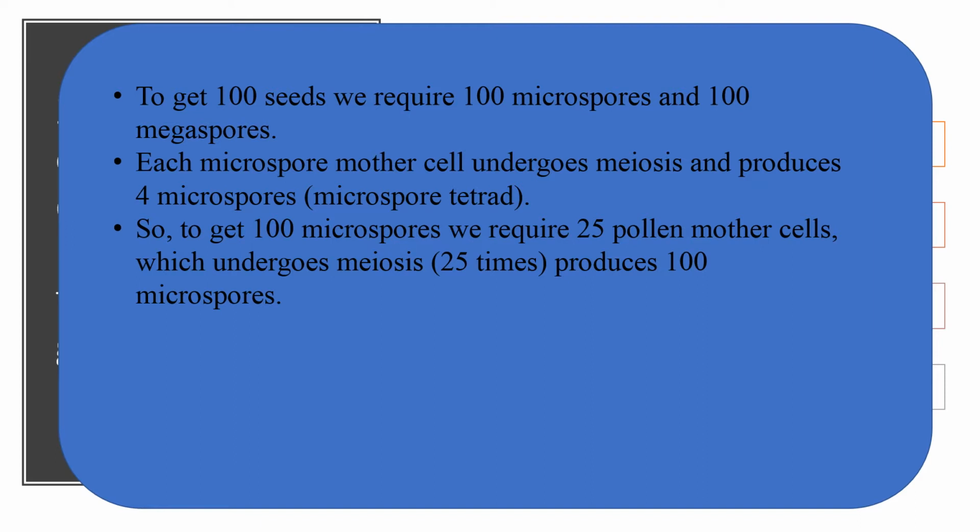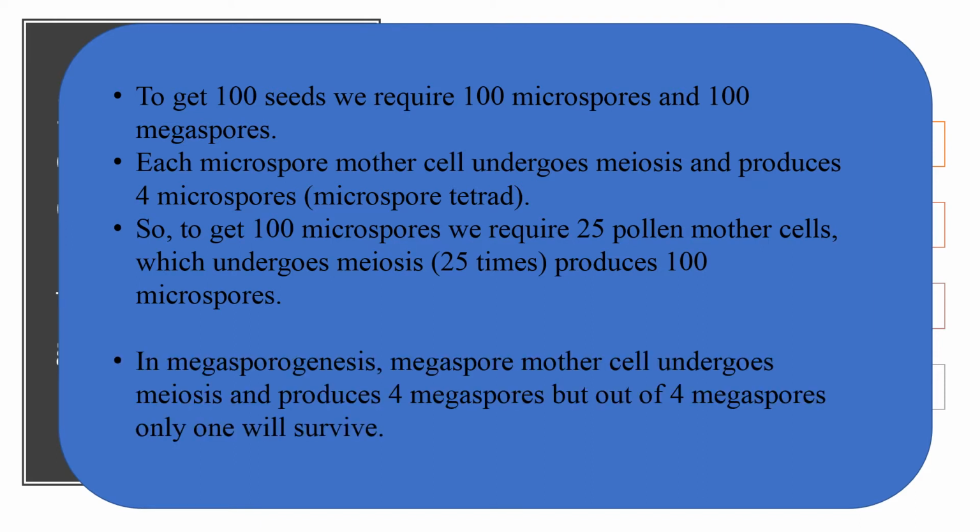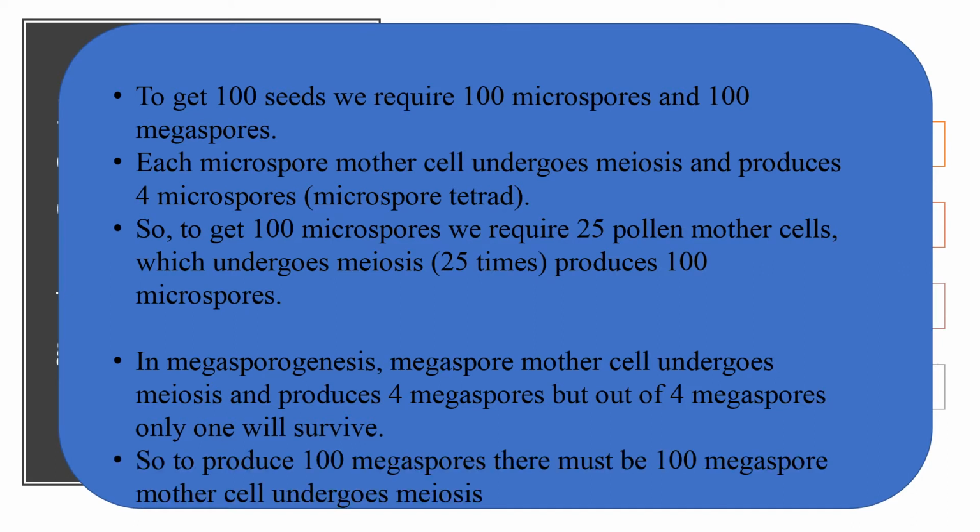So now coming to the megaspore. In the case of megaspore, the mother cell undergoes meiosis and produces 4 megaspores, but only one will survive. So to get 100 megaspores, 100 megaspore mother cells are required. So 100 times of meiosis.